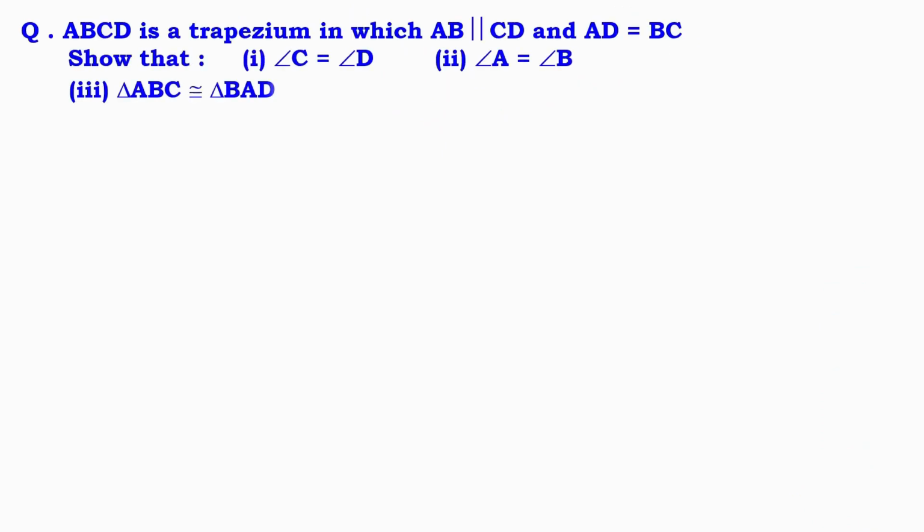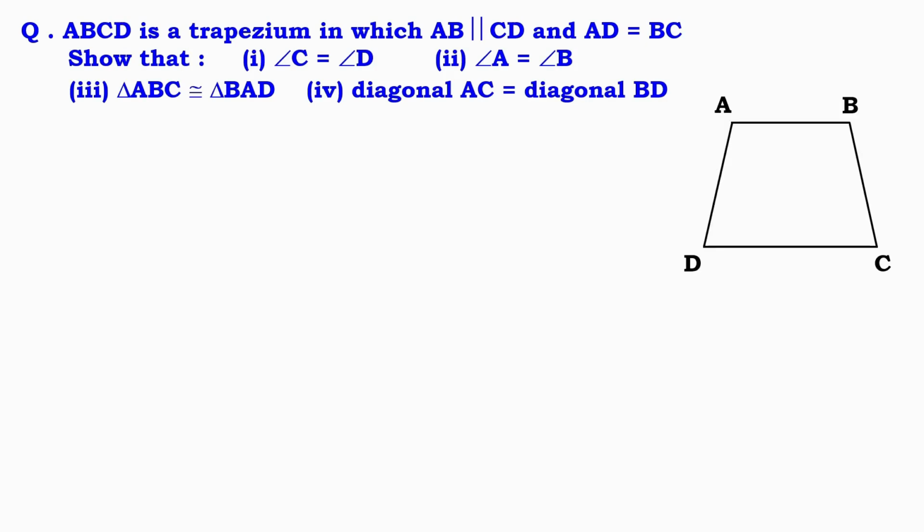So ABCD is a trapezium in which AB is parallel to CD and AD is equal to BC. Show that angle C equals angle D. So let's first take a look. ABCD is a trapezium, meaning only one pair of opposite sides are parallel, right?